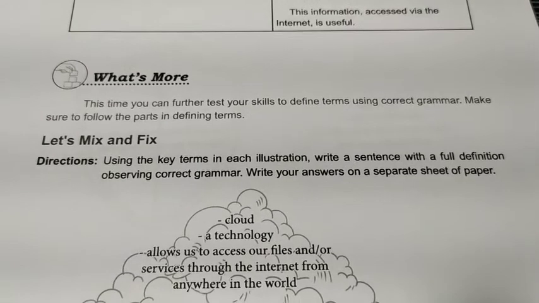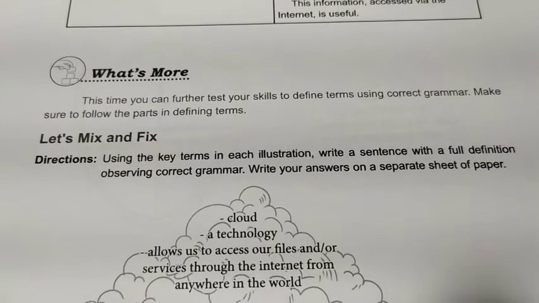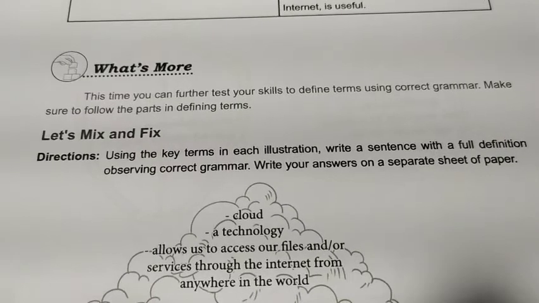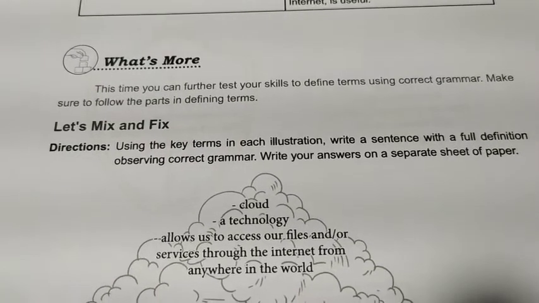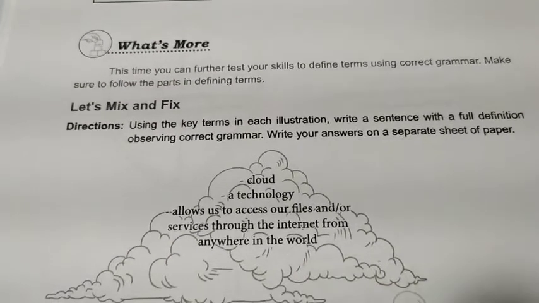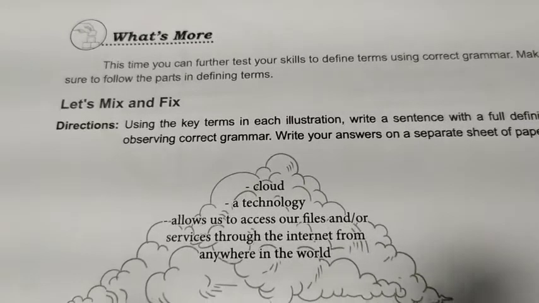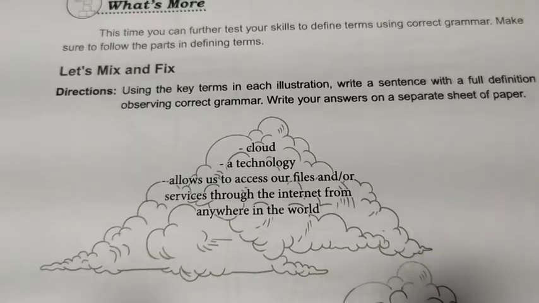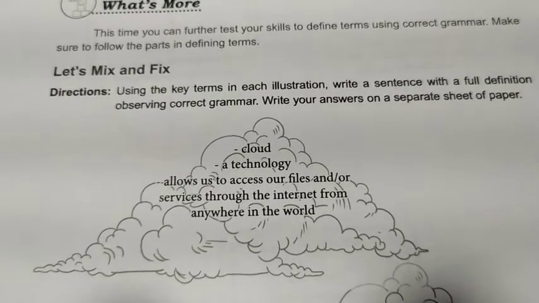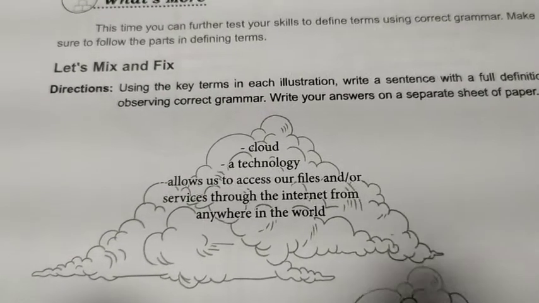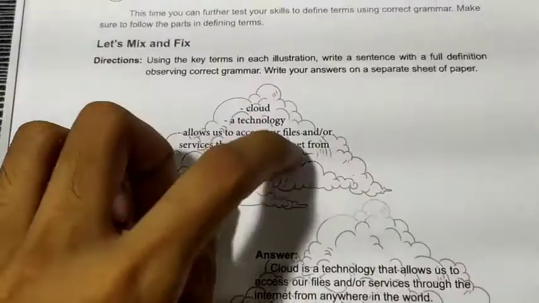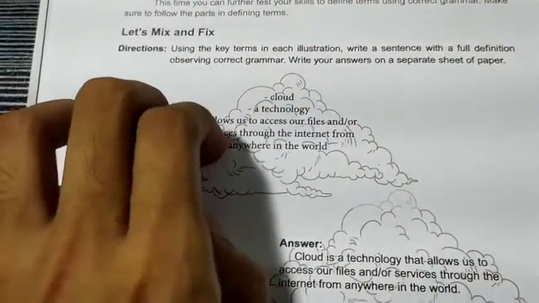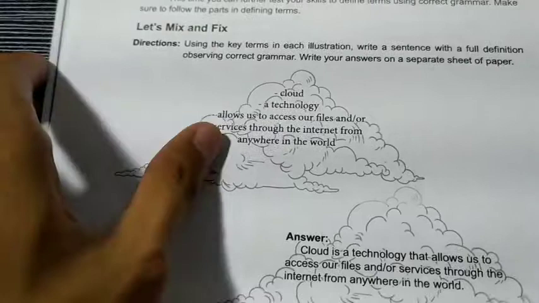What's more, this time you can further test your skill to define terms using correct grammar. Make sure to follow the parts in defining terms. Using the key terms in each illustration, write a sentence with the full definition, observing correct grammar. Write your answers on a separate sheet of paper. Based on the information here, you will make your own definition.